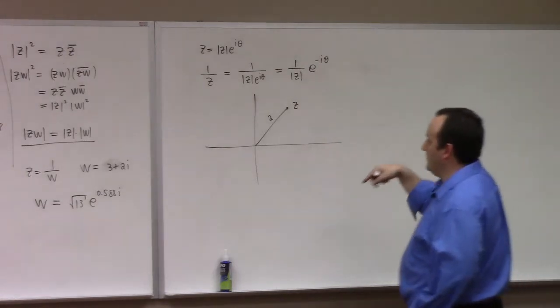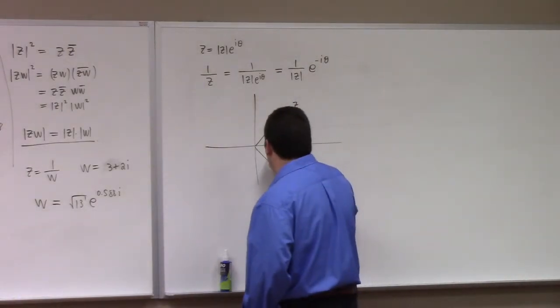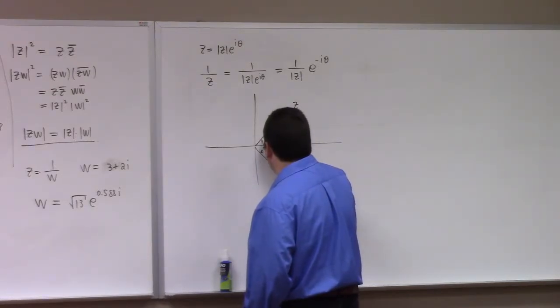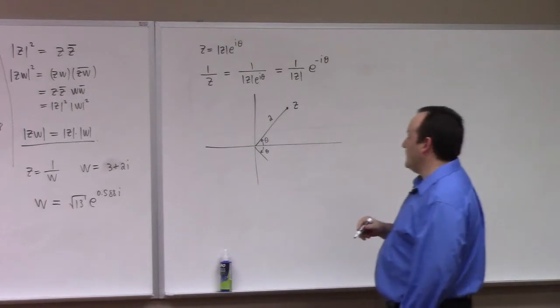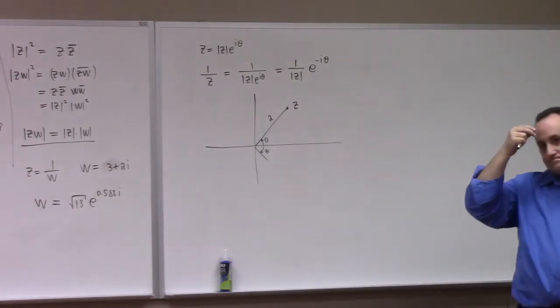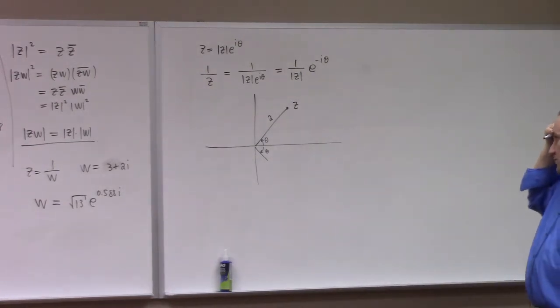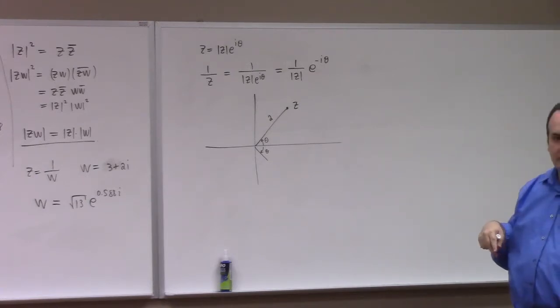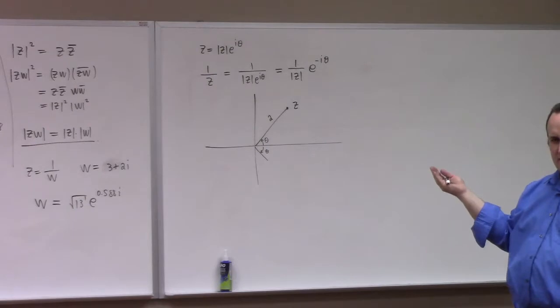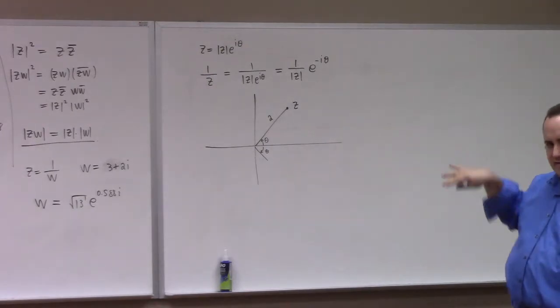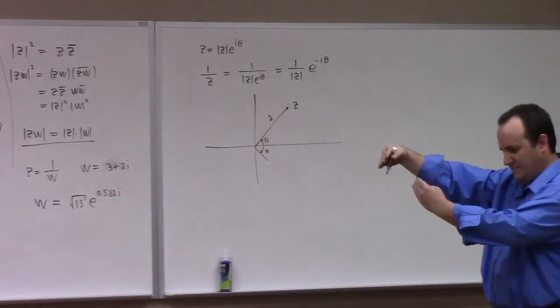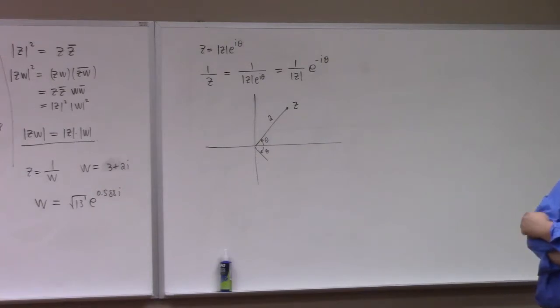So the reciprocal of this would have length 1/2, and it would have the same angle that way. In other words, it would be at minus theta. So when you take the reciprocal of a complex variable, you're flipping over the x-axis, and if our modulus is longer than 1, we're going in, right?